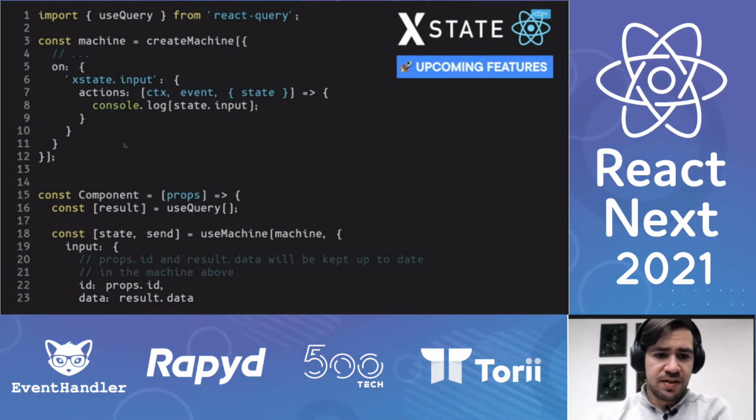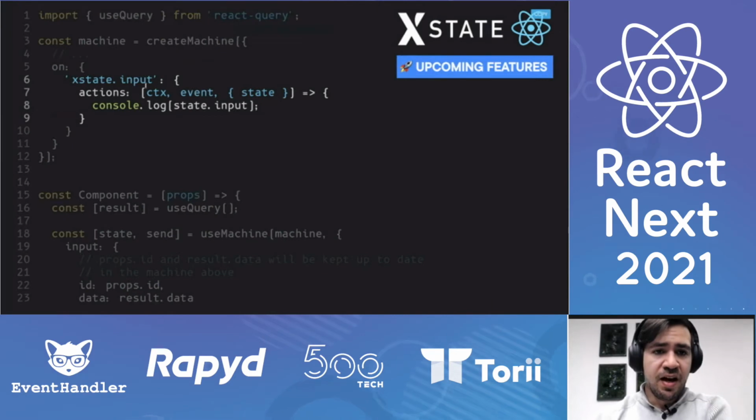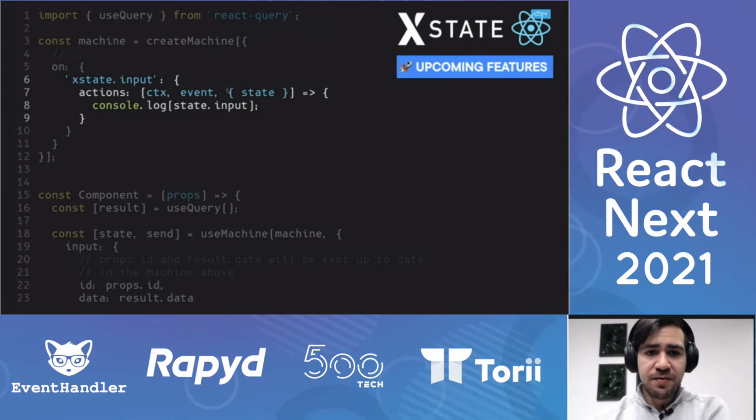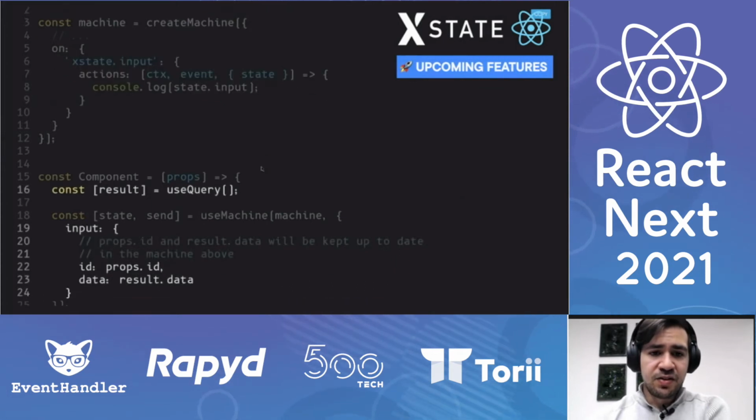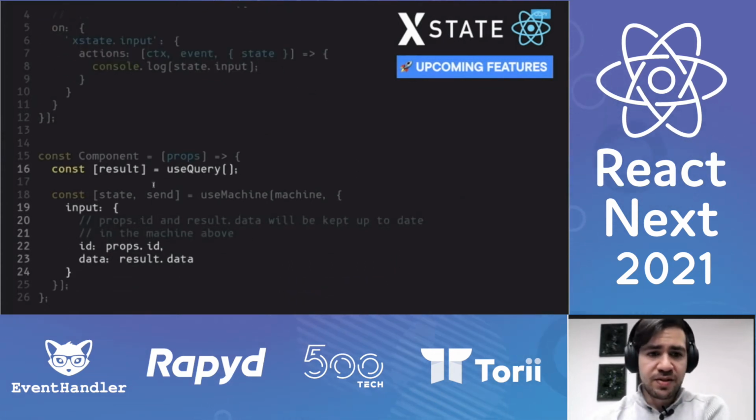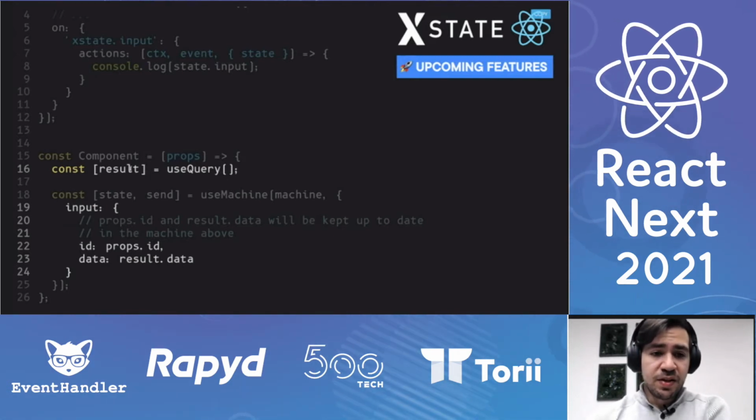So in this example, you could see that whenever we have an input event, we're just going to log the state's input. And you might be familiar with useQuery. So let's say that we have a query and we're fetching some data. What we could do is we could pass that result.data directly into input in useMachine.